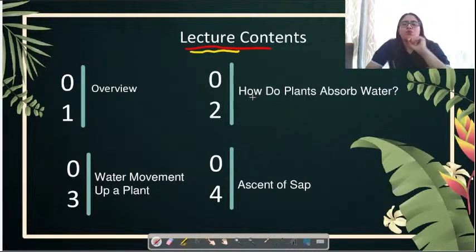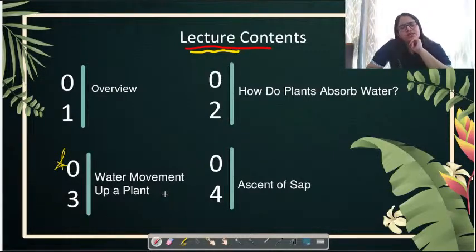There I will talk about the two pathways, the symplast and the apoplast pathway. With the help of them, I'm going to explain how water is transported from the soil solution to the root xylem. Thirdly, I will discuss water movement up a plant.